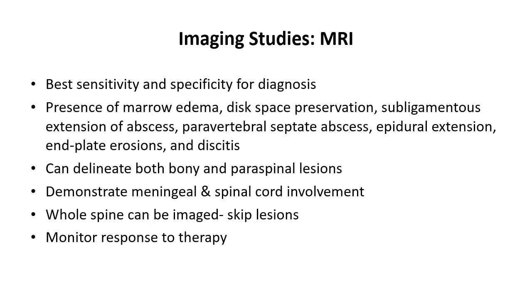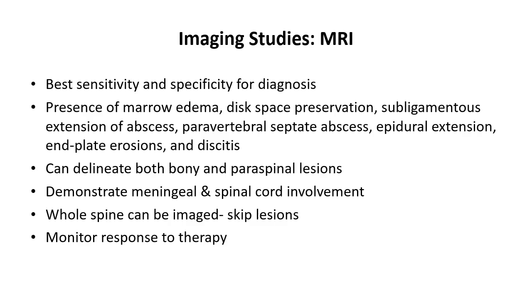MRI has the best sensitivity and specificity for diagnosing spinal tuberculosis. Classical findings on MRI include the presence of marrow edema, disc space preservation, subligamentous extension of abscess, paravertebral septate abscess, epidural extension, end plate erosions, and discitis. Increasing size of an epidural abscess on MRI was associated with a poorer prognosis for neurological recovery.